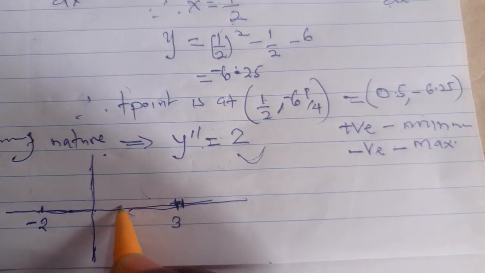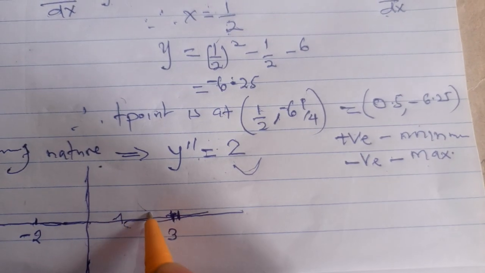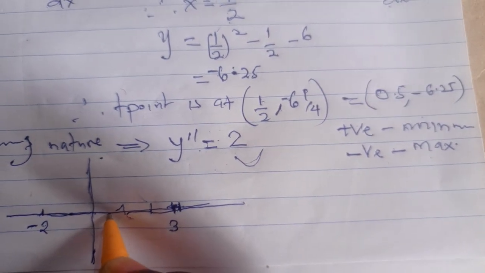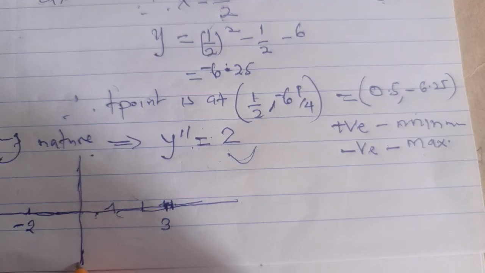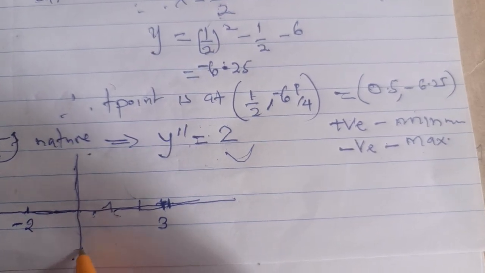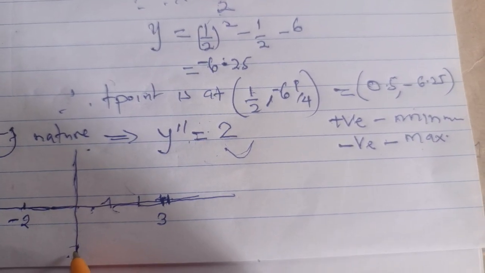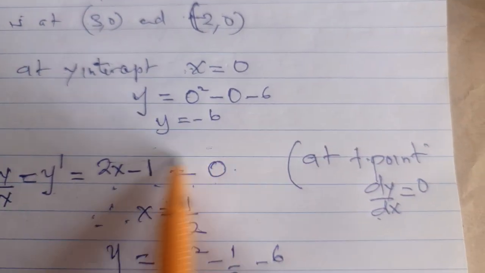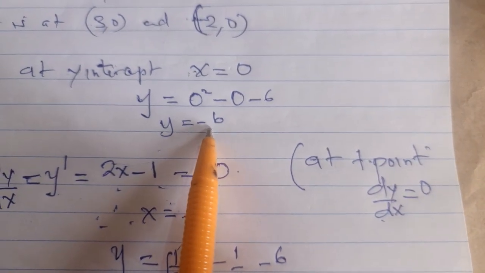So if this is 1, this is 2, then you have 3, a half will be somewhere here. And then for the y-intercept, we had said that the y-intercept is at negative 6. Remember, negative 6 is here, the y-intercept.